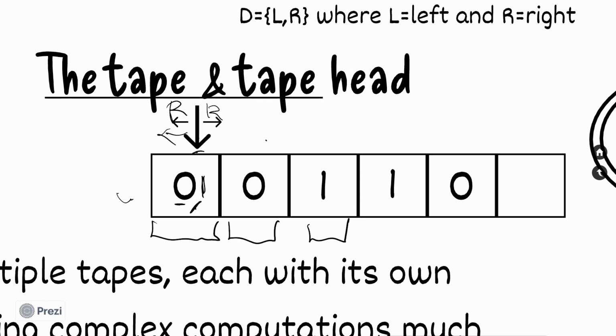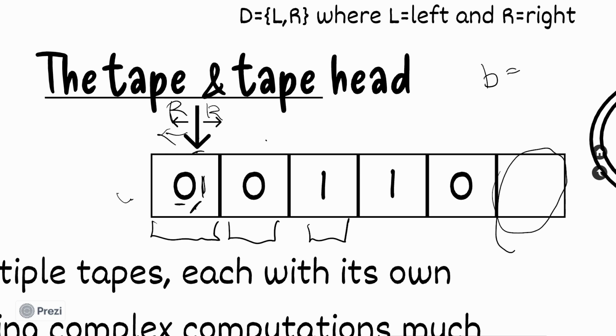Now the tape head can only move one cell to the right or to the left per transition, and there are also blank cells, which are represented by the blank symbol B as formally described earlier.